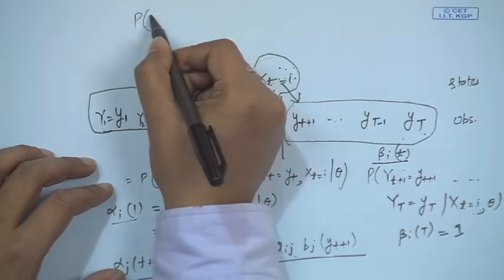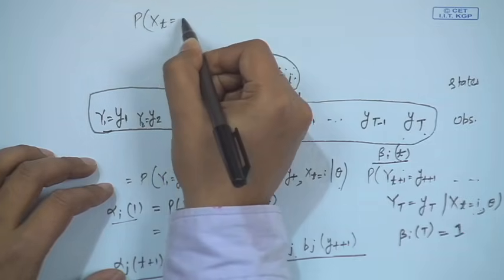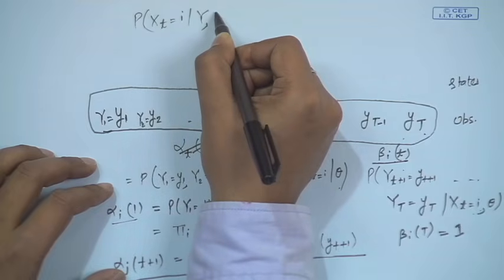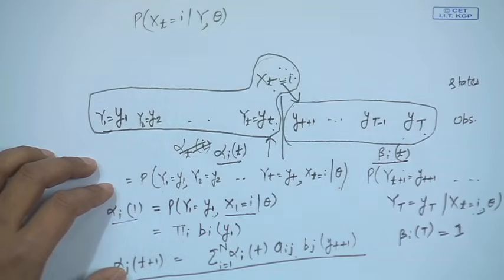That is what we intended by computing alpha and beta. Let us see how exactly we can compute these probabilities of various paths. I want to compute the probability of x equal to i given my observation and parameters theta.